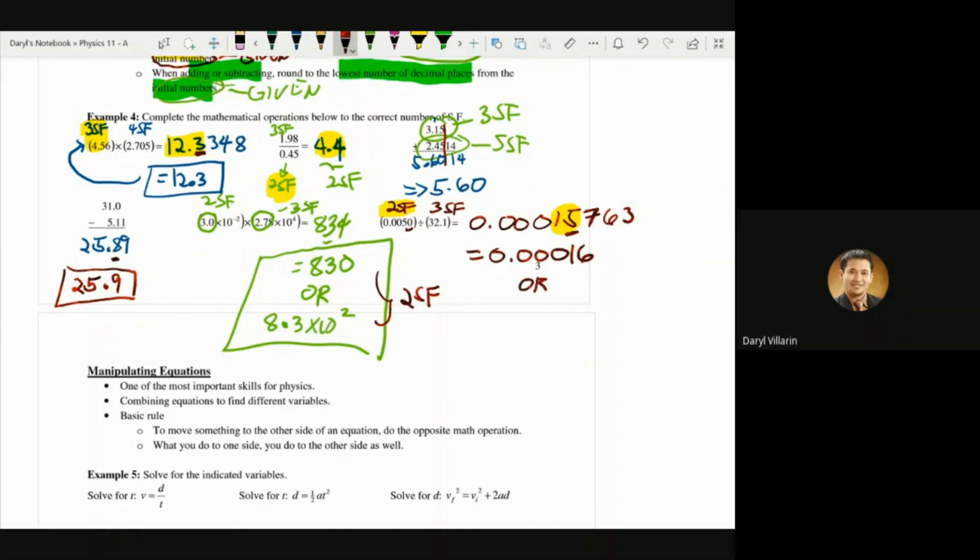Or if you want to answer them in scientific notation, that is 1.6 times 10 to the power of -4. So both cases give you 2 significant figures, which is what I want. Again, the final answer is in 2 significant figures.